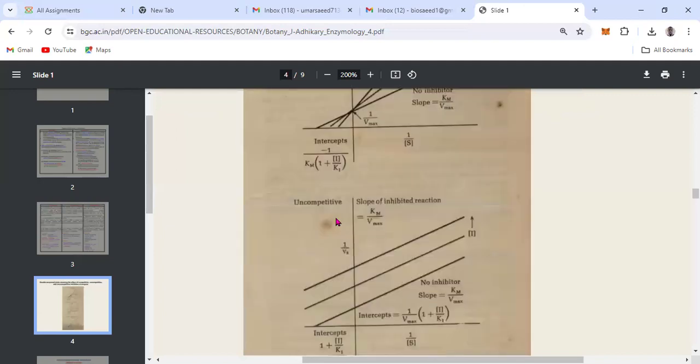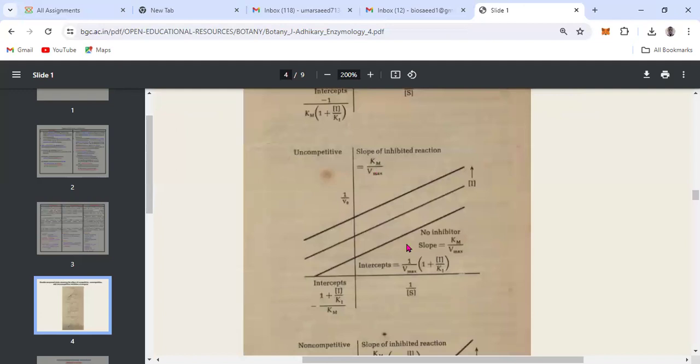Now for uncompetitive inhibition, without inhibitor, Km over Vmax remains the same, right? So even with the inhibition, because it's uncompetitive, Km over Vmax is still the same.